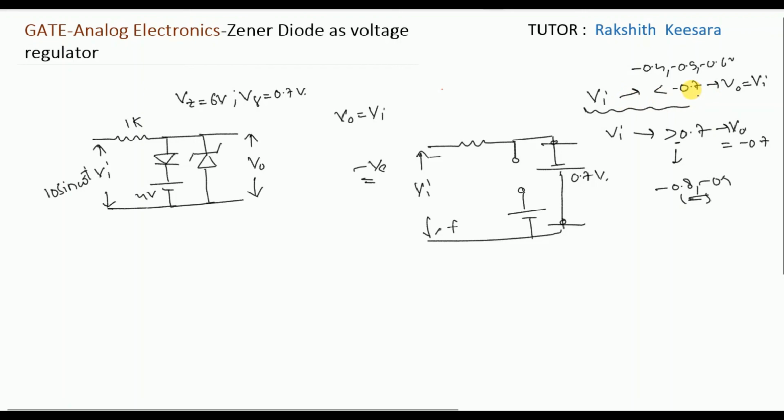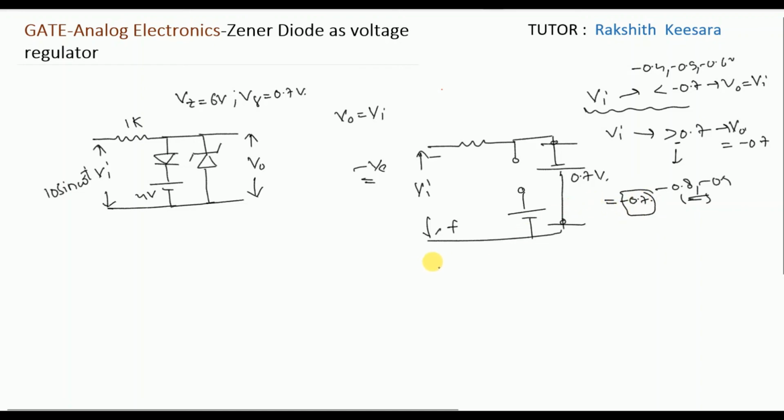So whenever V input is less than 0.7, this Zener diode will not turn on and V0 will be equal to Vi. Whenever V input is greater than 0.7, this Zener diode will be in the forward bias condition, I mean in on state. If it is in on state, V0 will be equal to minus 0.7.